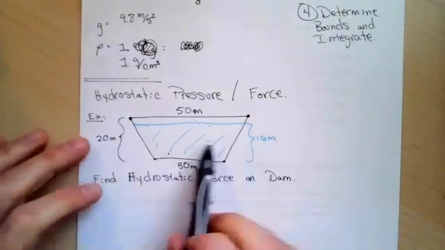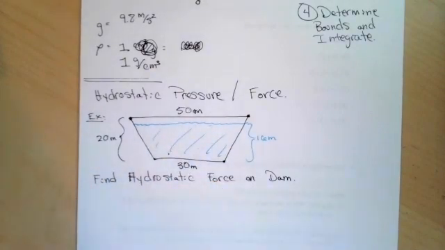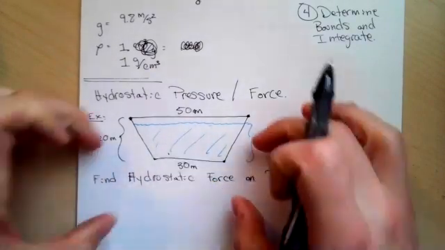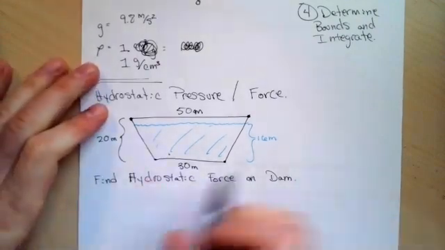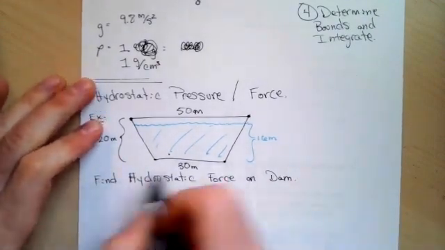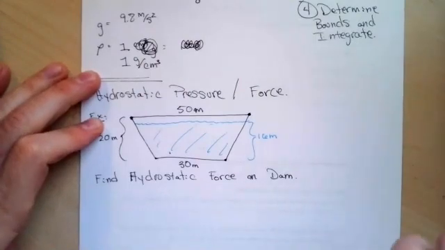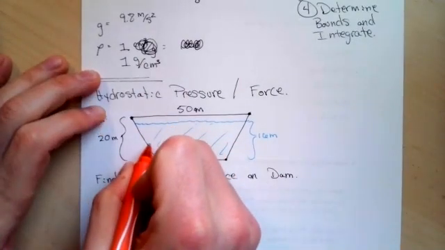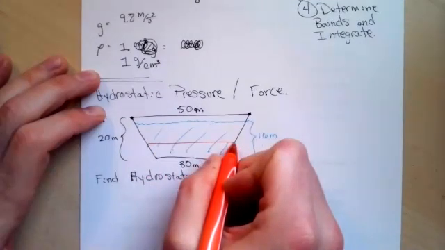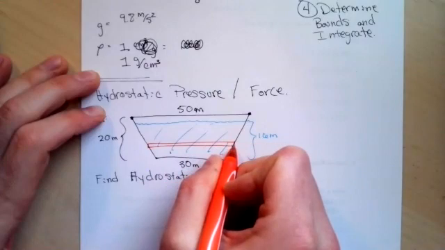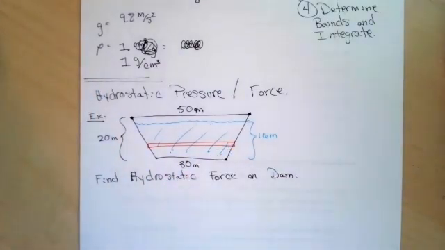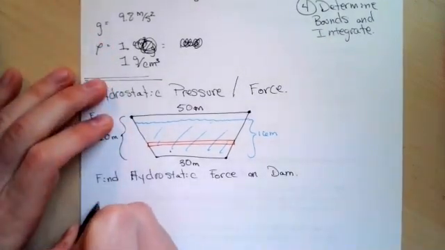And so knowing this, we can divide things up and compute the total force on the dam from what the water will be pushing. And so the force for a given slice is going to be, let's write it this way.